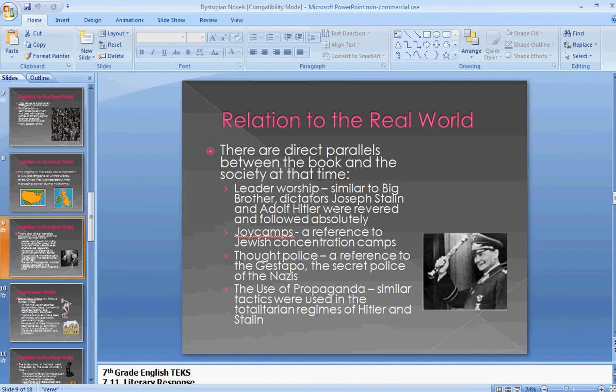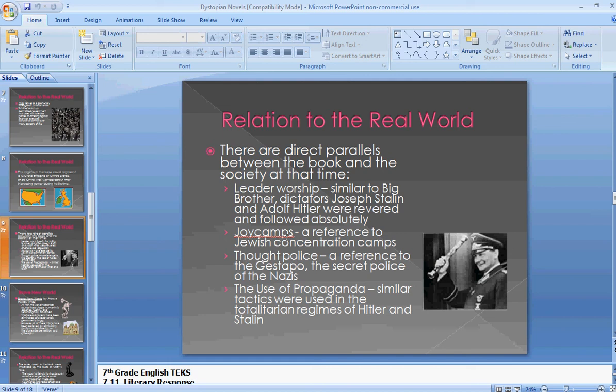Dictators Joseph Stalin and Adolf Hitler were revered and followed absolutely. Joy camps, which is a thing in the 1984 book, is a reference to Jewish concentration camps. Thought police, a reference to the Gestapo, the secret police of the Nazis, and the use of propaganda, which both Hitler and Stalin used in the countries that they ran.